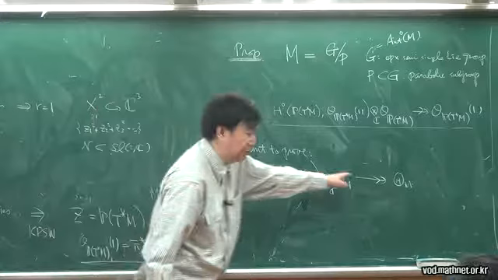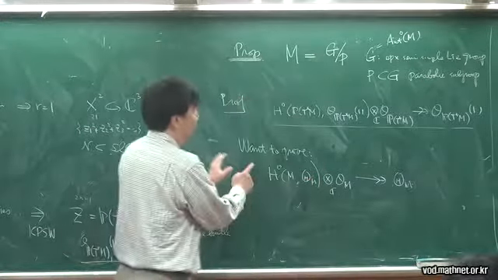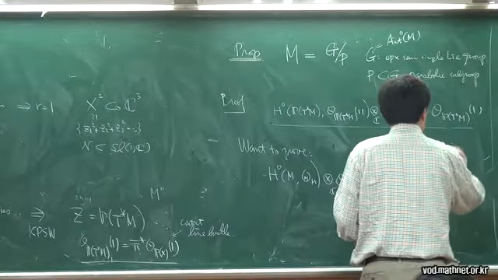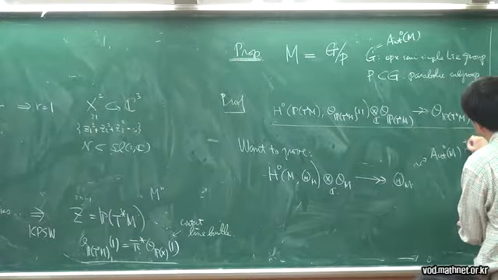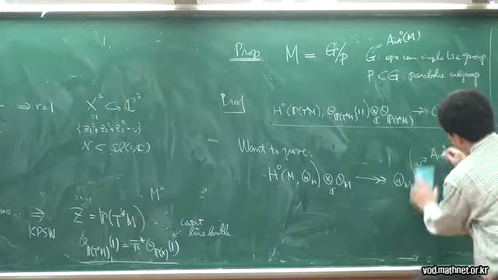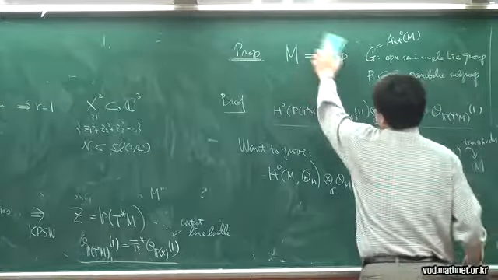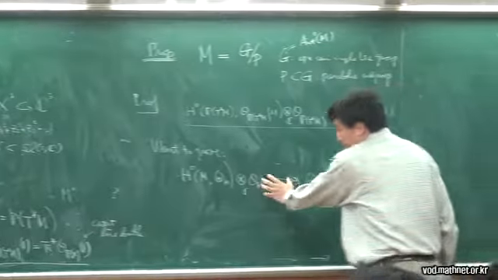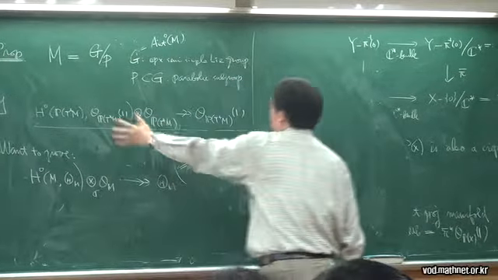And if this is proved surjective, then the neutral component of the automorphism group acts on M transitively. So I want to prove this surjection from this assumption. This already holds.